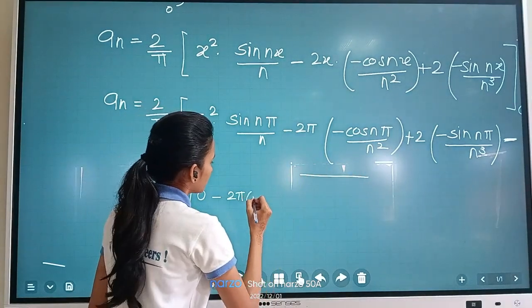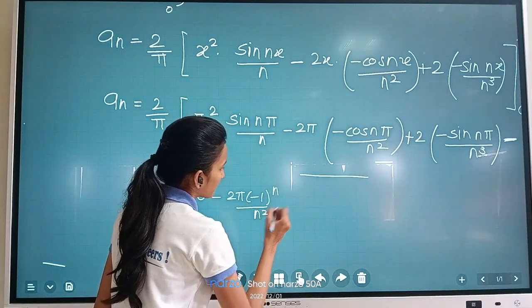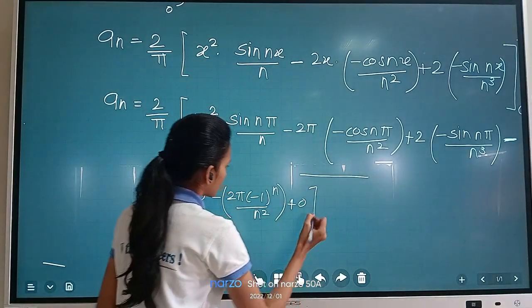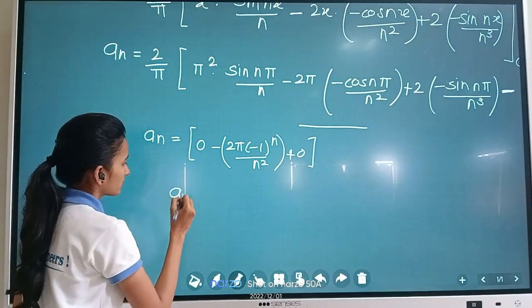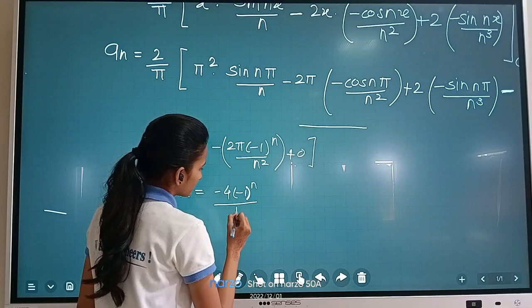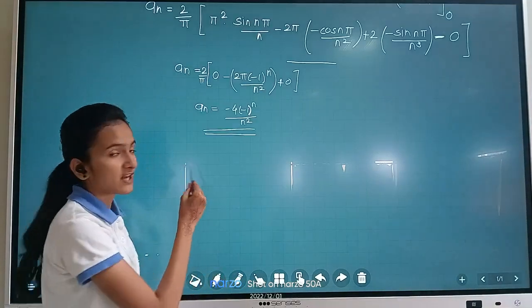So I will write minus 1 raised to n upon n square. So the final equation, this is the value of an.